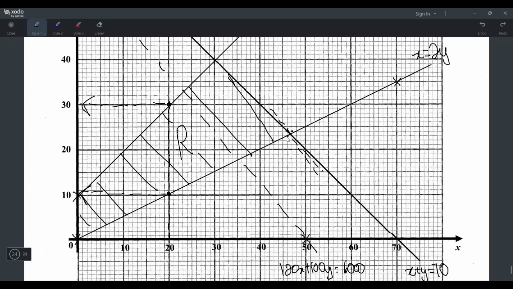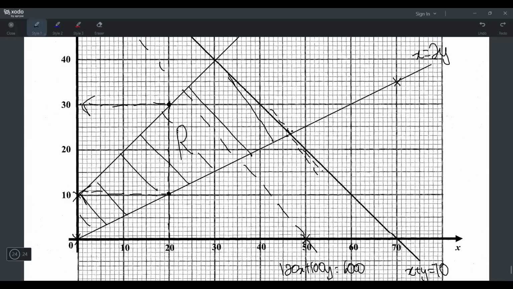It will be 46, 23. Yeah, and this point you can take because it's exactly on the line x equals 2y. That's why you can take this. It's not outside the line, it's not outside the shaded region. It's on the line, and if it's on the line, it's allowed. And also this is a solid line, so it's fine to take a point near a solid line.